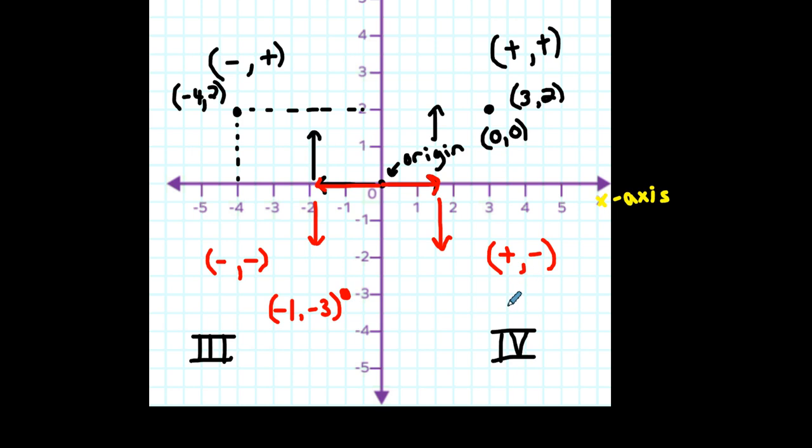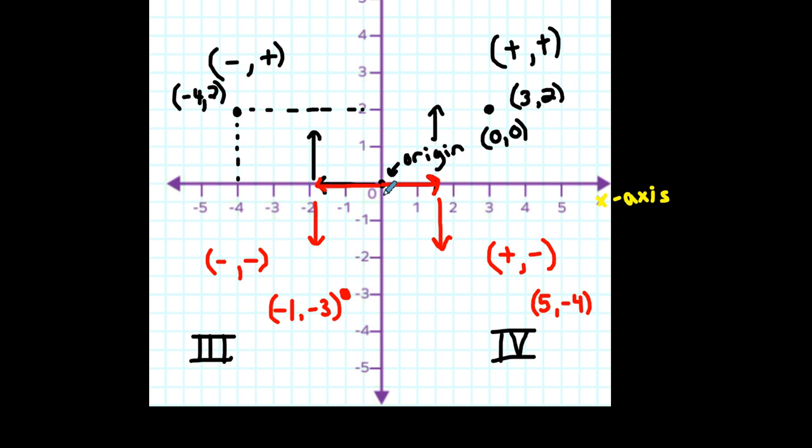And an example of that might be 5, comma, negative 4. 5, negative 4. So notice my 5 is positive, my x coordinate, and my negative 4 is my y coordinate, which is negative.